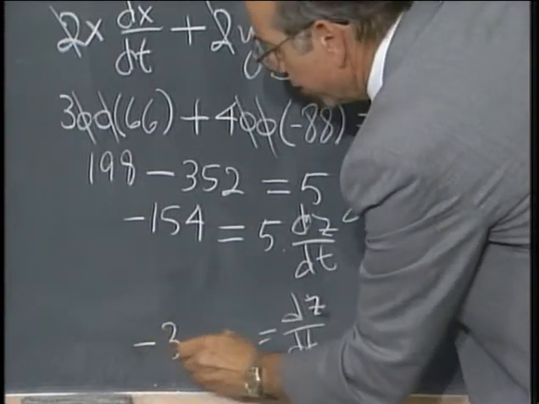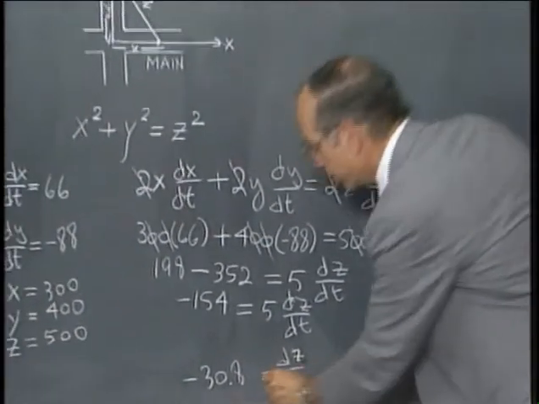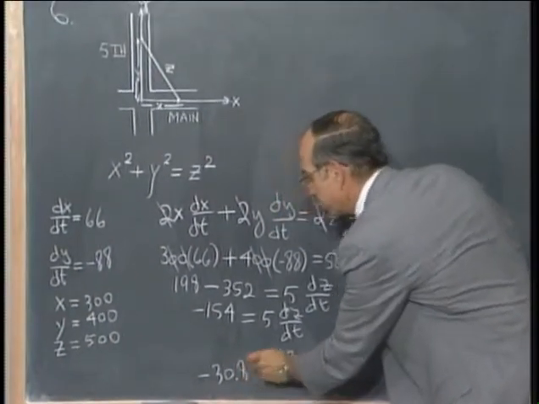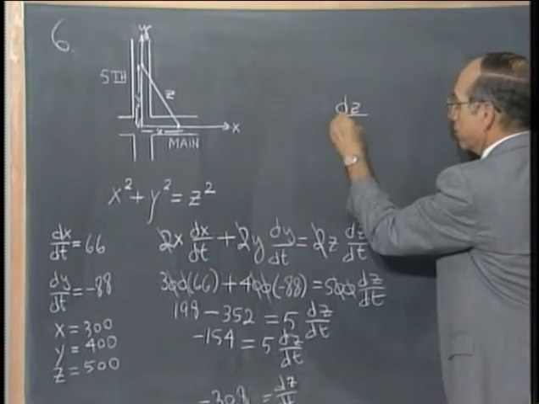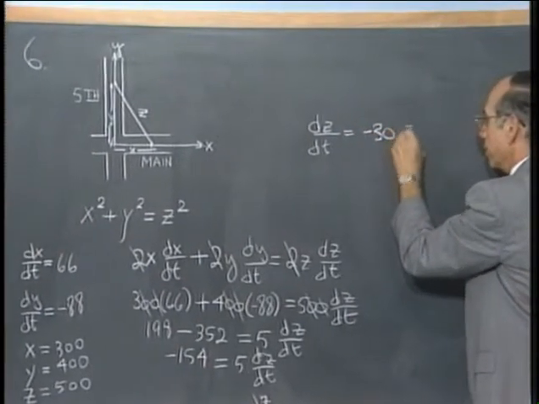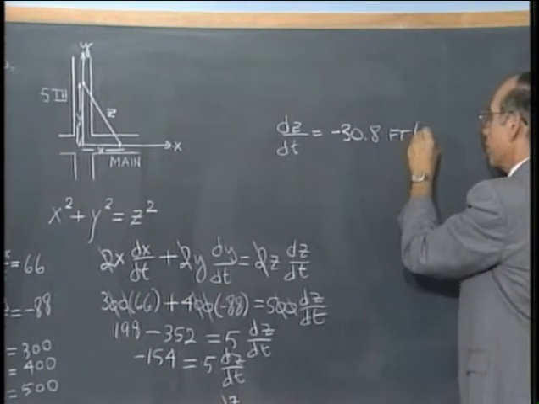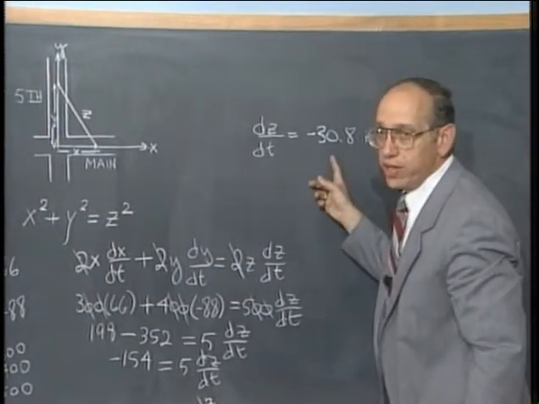So that's minus 30.8. And what is that? Feet per second. Let me recopy that. dz/dt is minus 30.8 feet per second. Notice, it's minus 30.8 feet per second.